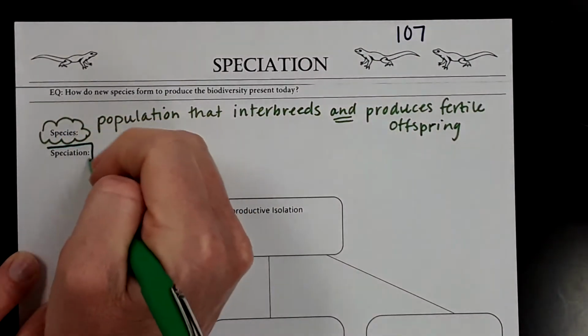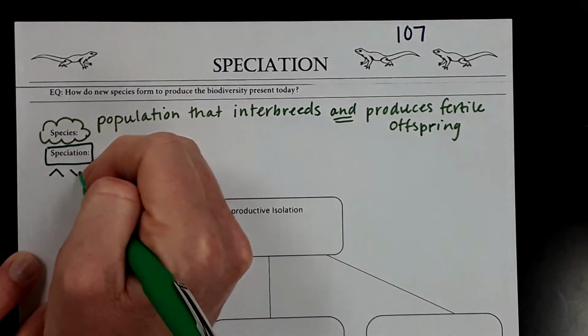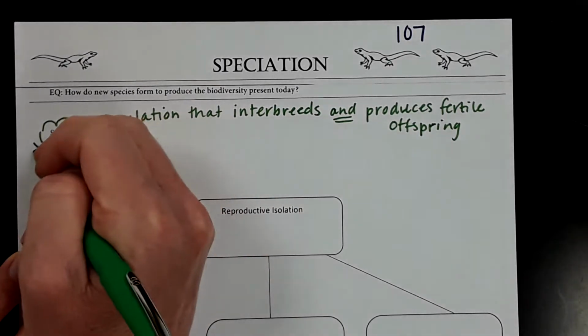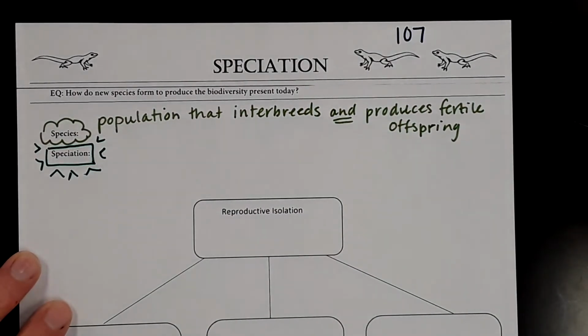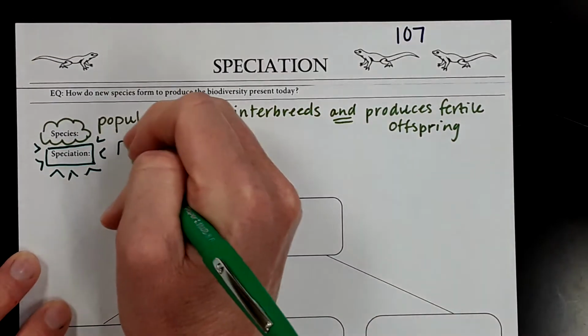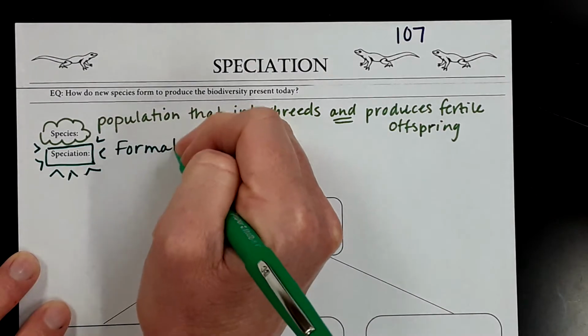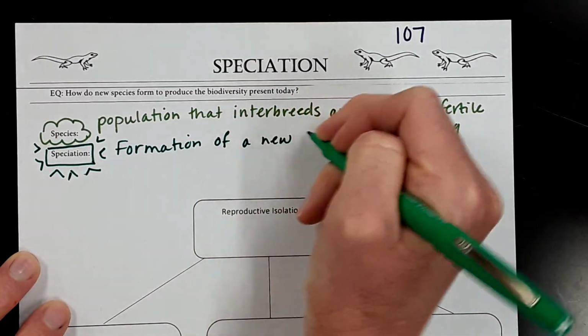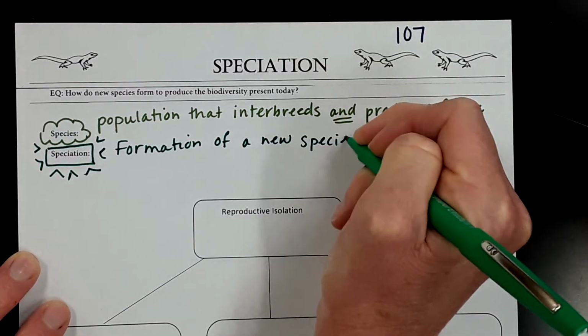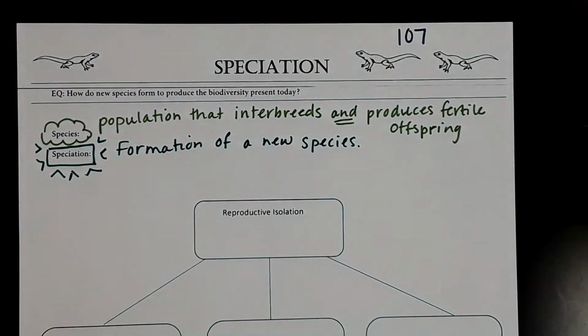So when we're looking at speciation, which is our topic today, we're looking at how these species form. This is the formation of a new species. So where do new species come from to create this biodiversity?